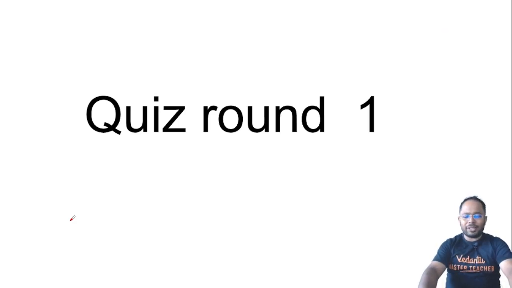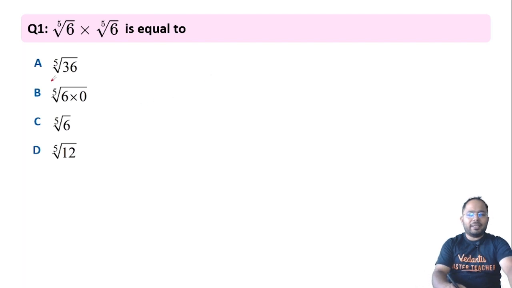So I will be asking the question, so let's have the first question on your screen. Here we have 6√5 into 6√5 is equal to what? Question number 1, 6√5 into 6√5 is equal to what?